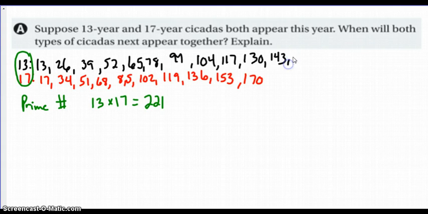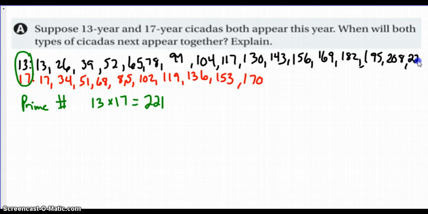Now if you want to check your work, you can keep listing out multiples. We could take 13 times 12, which gives us 156. 13 times 13, which would be 169. 13 times 14, which would be 182. 13 times 15, 195. 13 times 16 would be 208. And then 13 times 17 is 221.